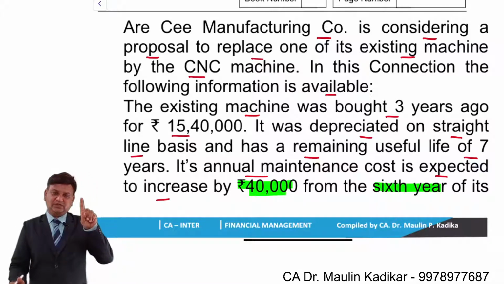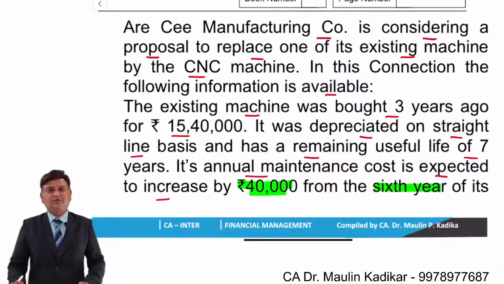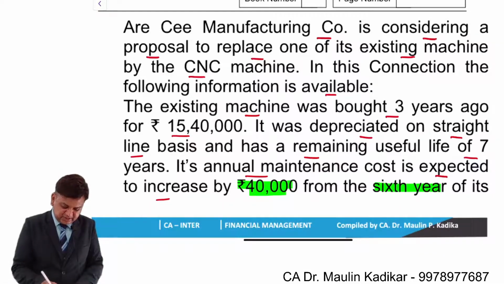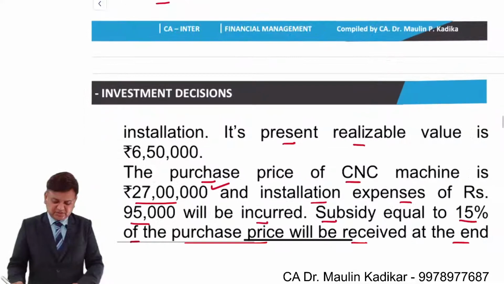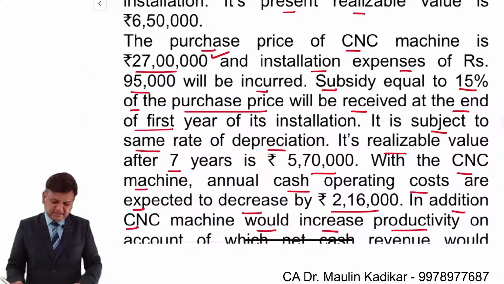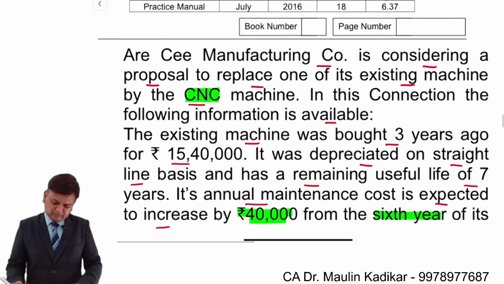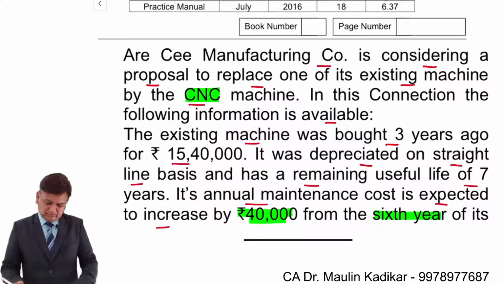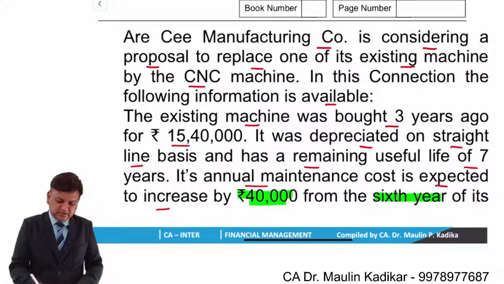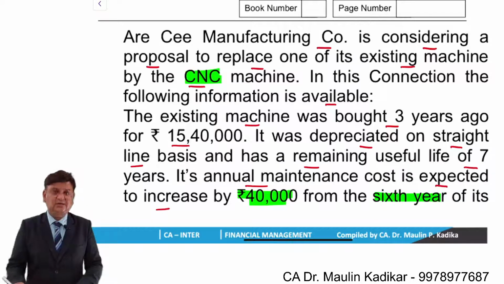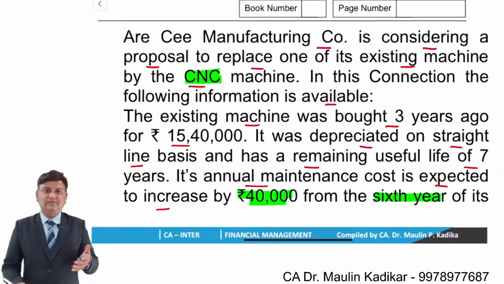Step number 1 we are focusing on is investment. Of course, if we continue with the existing machinery, in that case we don't have to make an investment. And if we replace the existing machinery with the new machinery, that is CNC, then we understand that if we continue with the existing machinery, there is no investment.